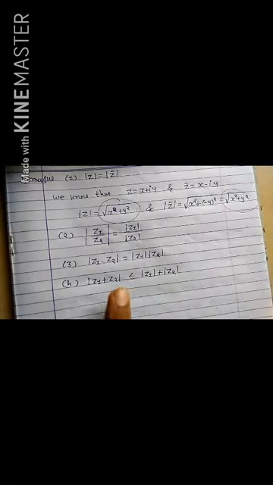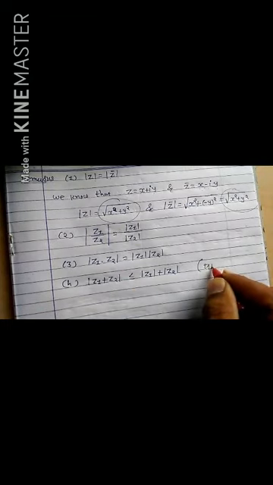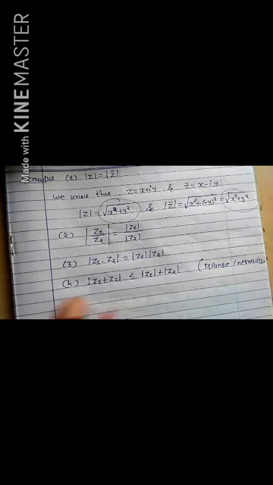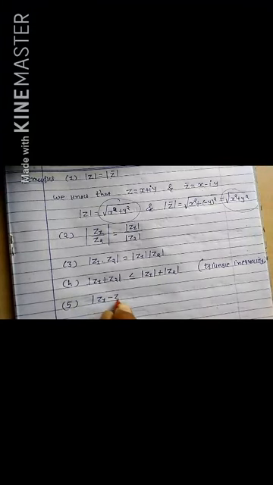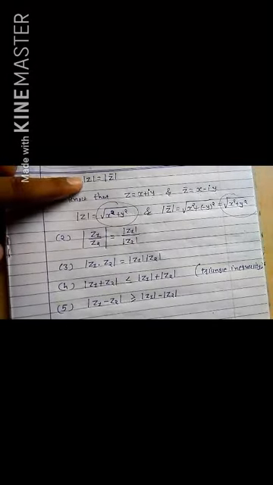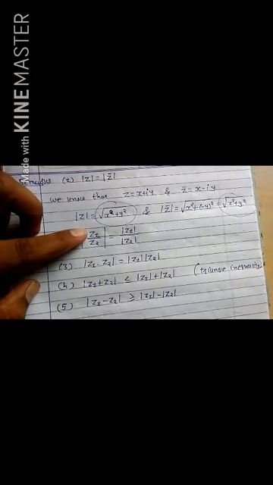Here not equal, here less than or equal, and it is called the triangle inequality. Number 5: modulus of z1 minus z2 is greater than or equal to modulus z1 minus modulus z2. We have a couple of 5 remarks. First is modulus z equal to modulus z bar. Second one is modulus of z1 divided by z2.